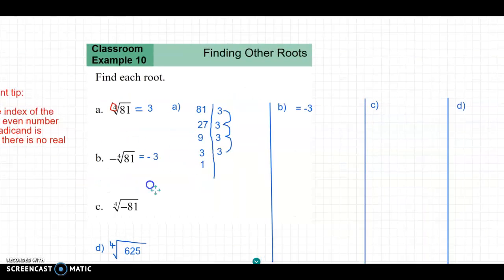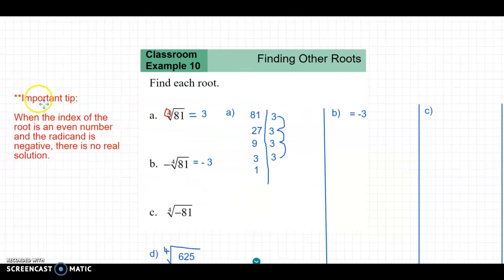So remember this important tip: when the index of the root is an even number, and remember that the index is the little number outside the radical sign, and the radicand, the number inside the root, is negative, there's no real solution.